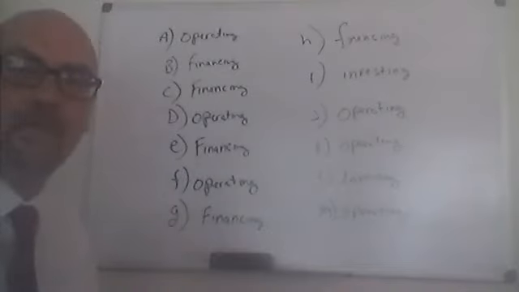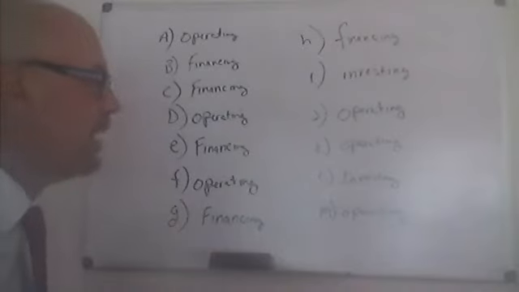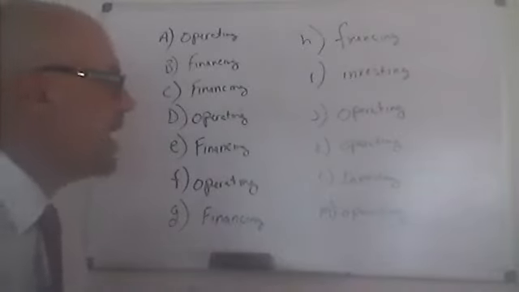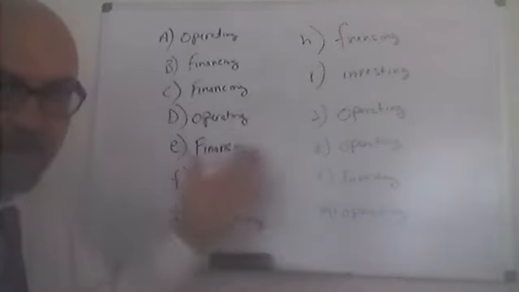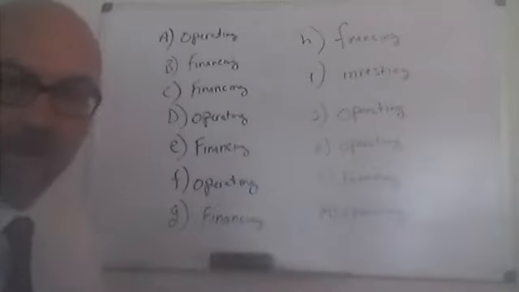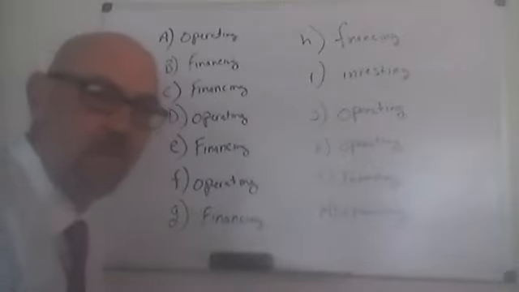Okay, so the first step when you go to prepare your statement of cash flows is you have to look at all the different transactions that are presented before you and divide them up into operating, investing, or financing transactions. Okay, and then the next step after we identify is to record. So that's what we're going to move on to next.